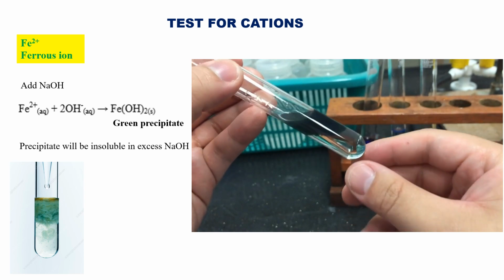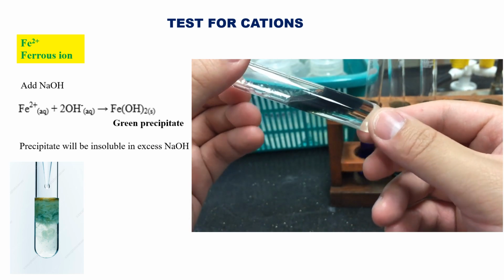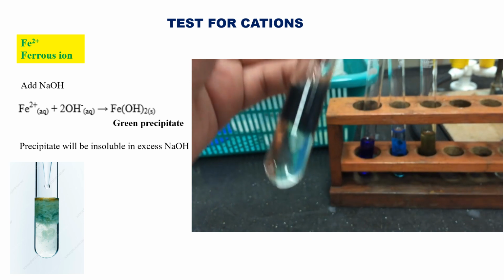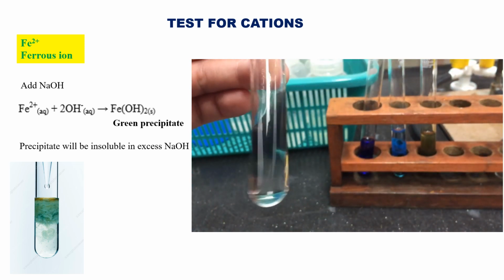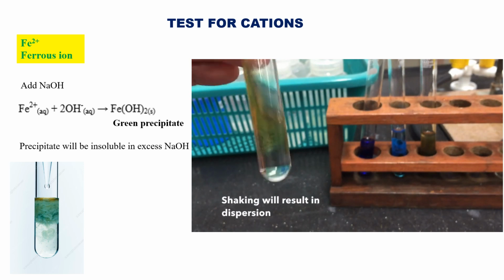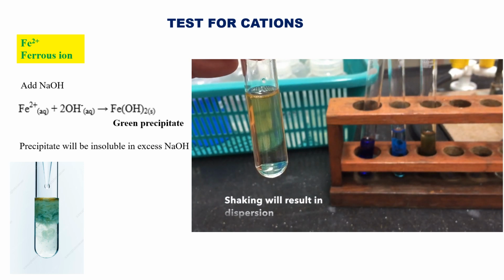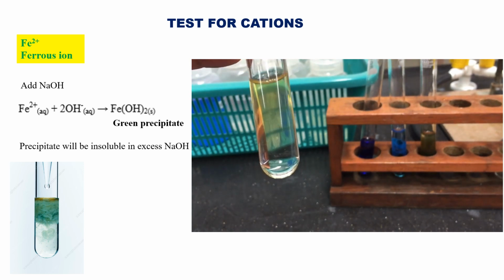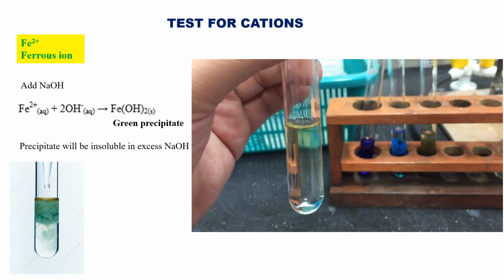Shaking the test tube may sometimes give a false impression that the green precipitate dissolves in solution. What actually happens is that the green precipitate is dispersed into finer particles throughout the solution.